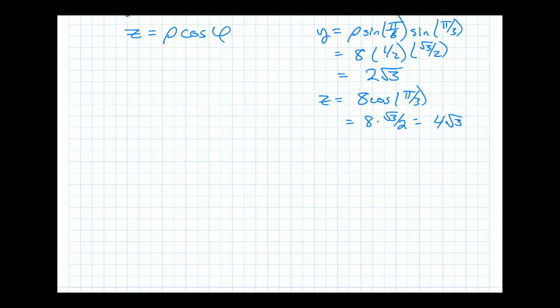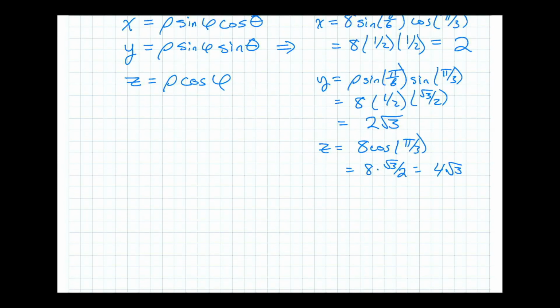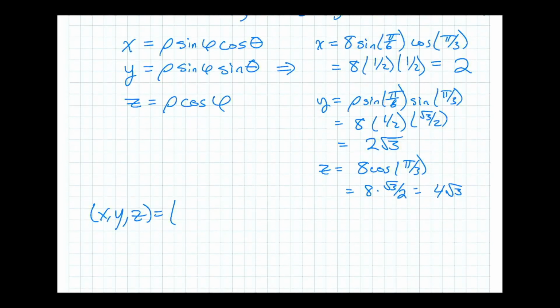I'll just write them all at the end. So that's what we have in rectangular coordinates: x, y, z equals 2, 2 square root 3, 4 square root 3.